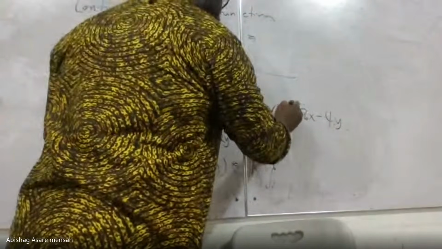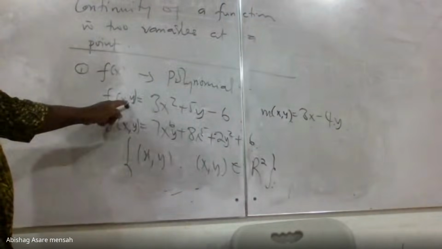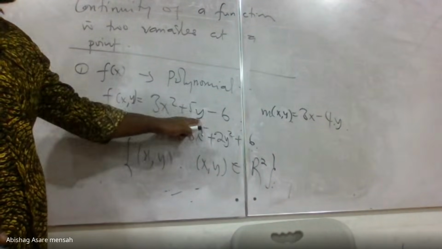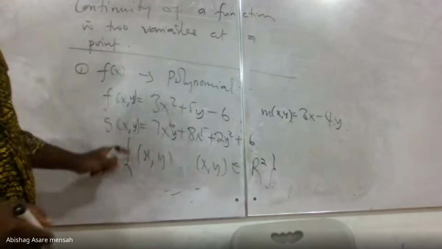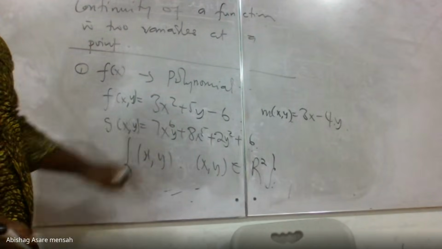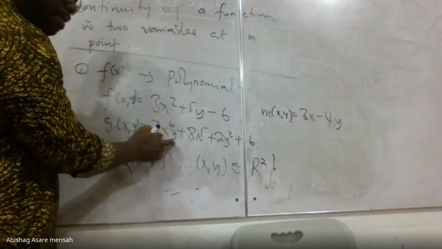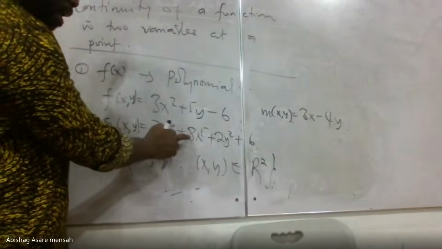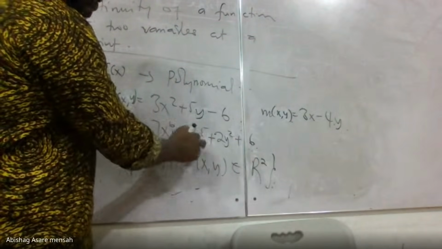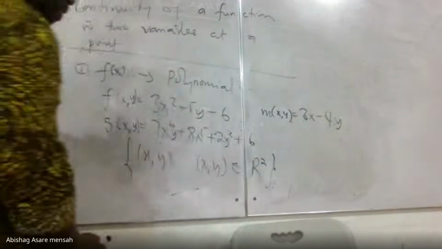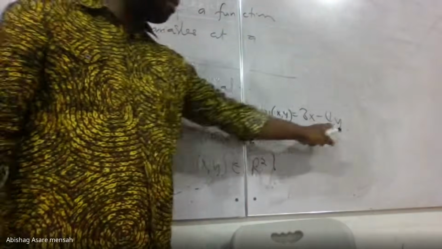So we have the function f of x, y, which is 3x squared plus 5y minus 6. Then g of x, y is equal to 7x to the power 6 y plus 8x to the power 5 plus 2y squared plus 6.